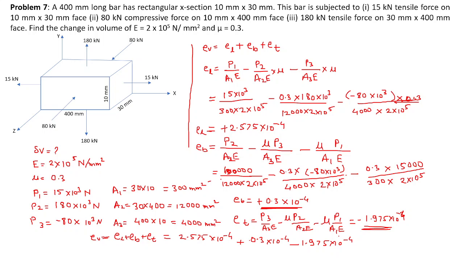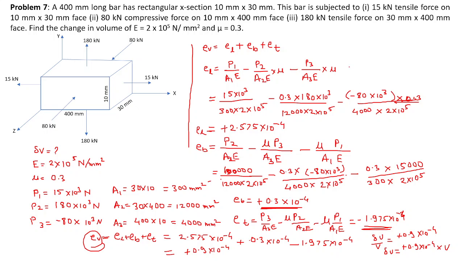So here is EV, right? EV value will be plus 0.9 into 10 raised to minus 4. What is EV? EV means delta V upon V. So delta V upon V will be plus 0.9 into 10 raised to minus 4, right? So delta V will be plus 0.9 into 10 raised to minus 4 into V.